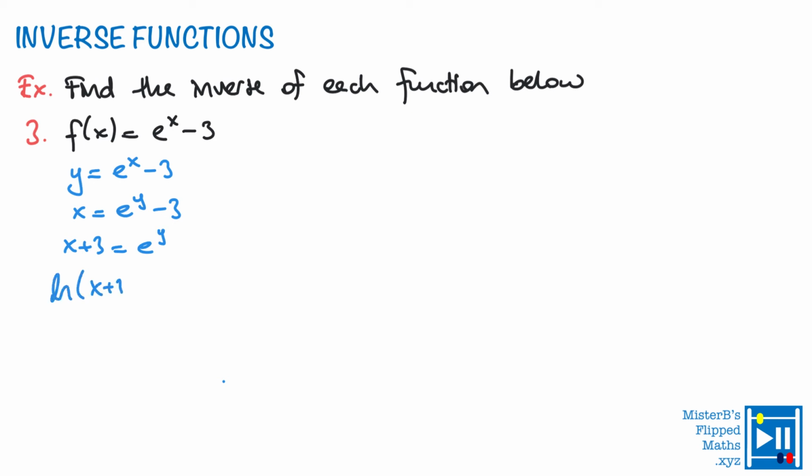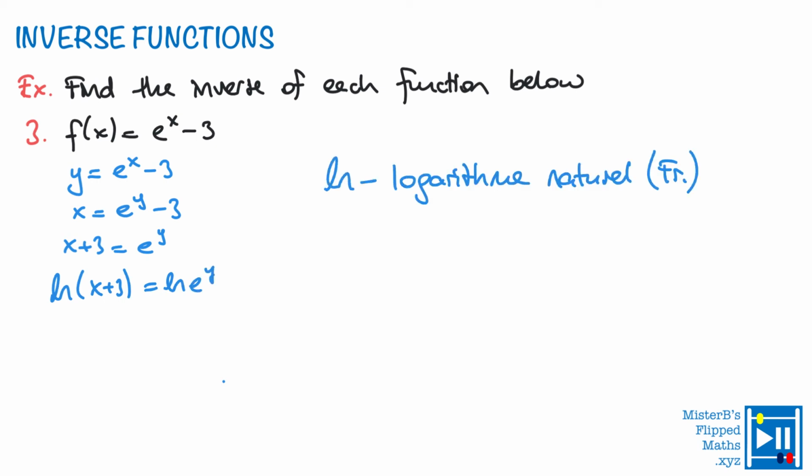of both sides. Now at this point, let me remind you, ln stands for logarithme naturel, like French. So this is natural logarithm, where the base is the exponential number. So just because the base is the exponential number, ln e means 1.